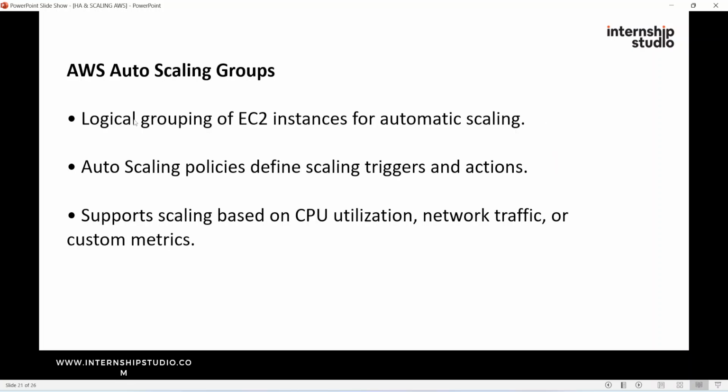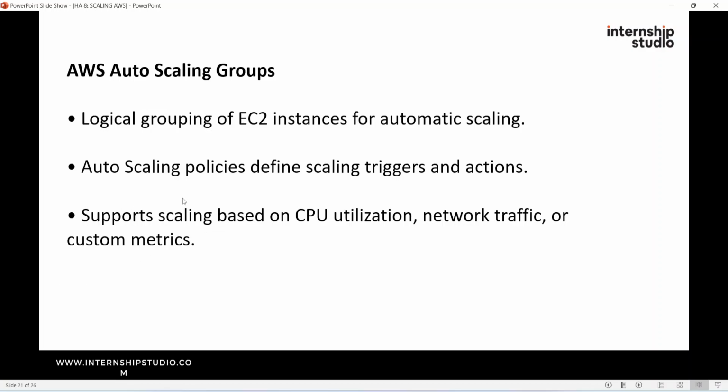Next we have AWS Auto Scaling groups, a logical grouping of EC2 instances for automatic scaling. We can logically group EC2 instances, for example if that group is serving a production, QA, or testing environment, or a specific type of application, and then segregate them for auto scaling.